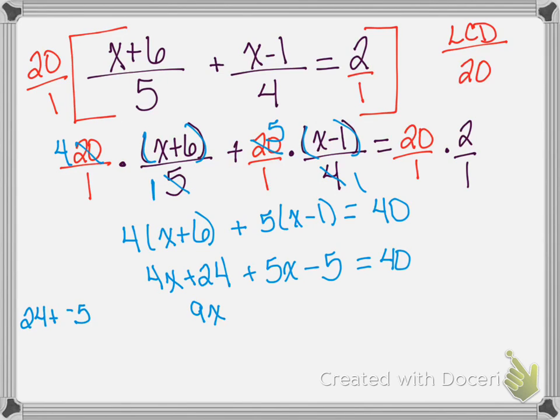Which has the greater absolute value? Good, so my answer is going to be positive. I subtract. Good, excellent. Okay, so I've got plus 19 equals 40.